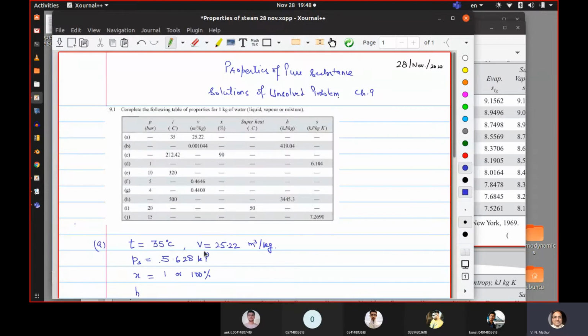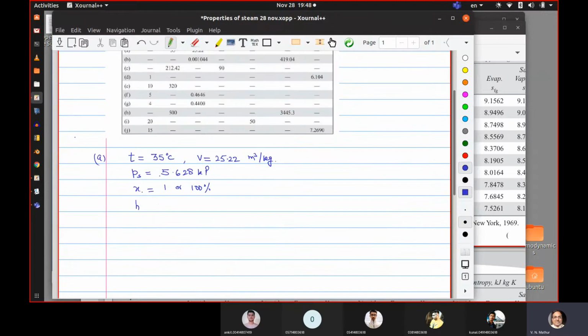So H is 2565.3 kilojoule per kg, and S is, see this, H is equal to Hg.